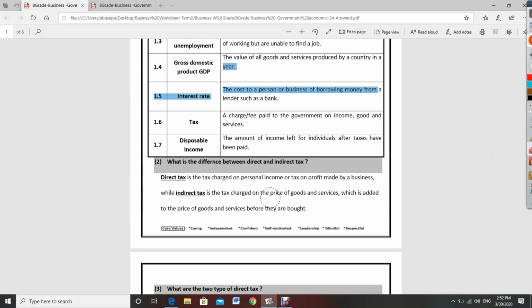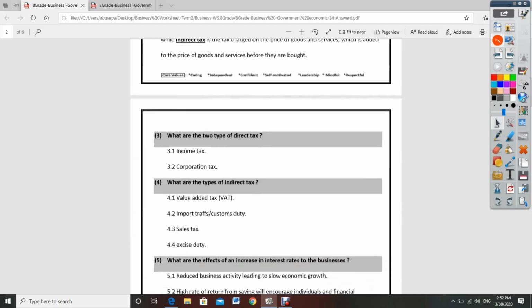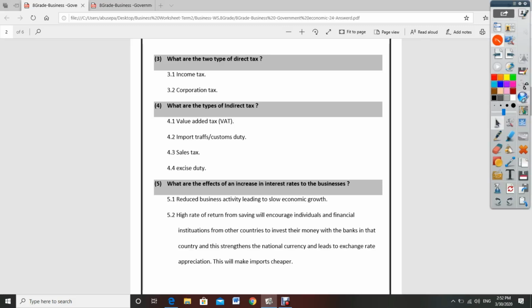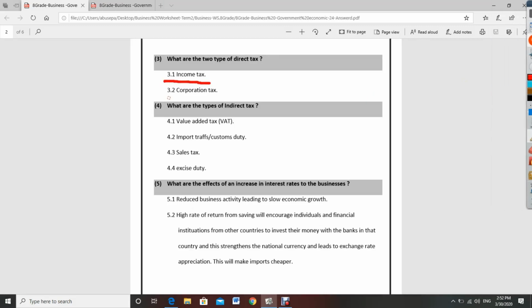Let's go to question number 3. What are the two types of direct tax? As we say, we have direct tax and indirect tax. The direct tax is split into two types. The first one, income tax, and corporation tax.